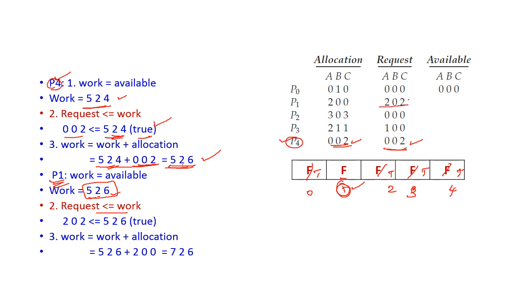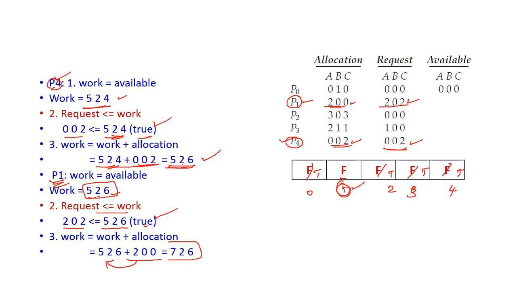Request of P1 is 2, 0, 2, isn't it? So 2, 0, 2 is of course less than 5, 2, 6. So the condition is true. Hence P1 can execute its process successfully and it will release these resources. Once it completes, the released resources, 2, 0, 0, will be added into the work.